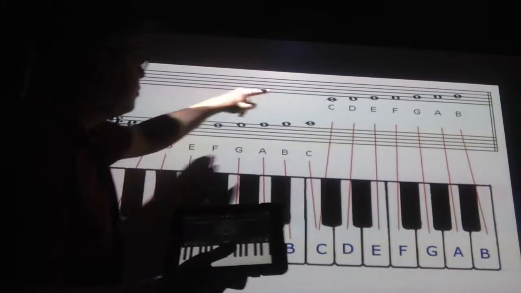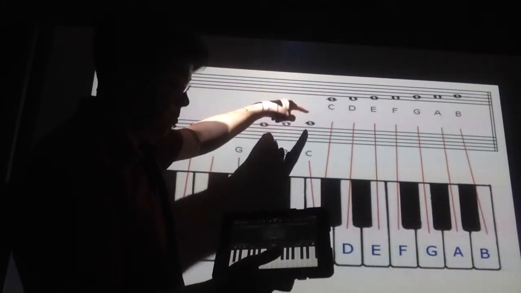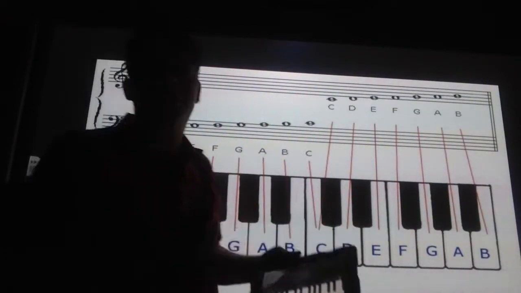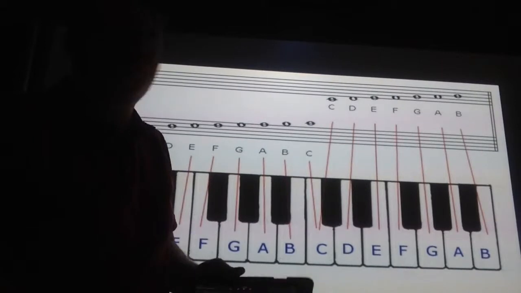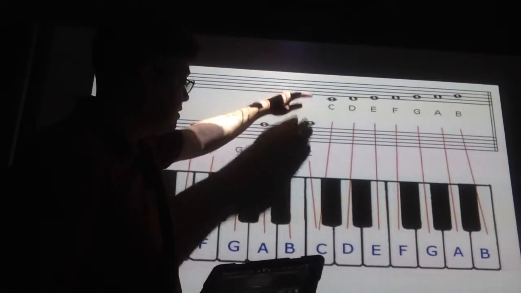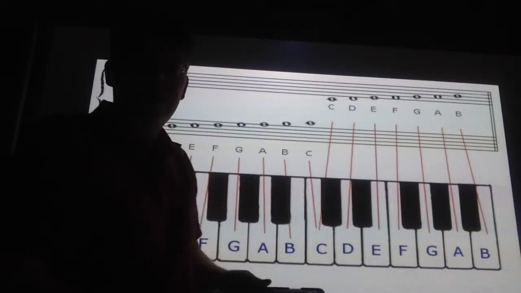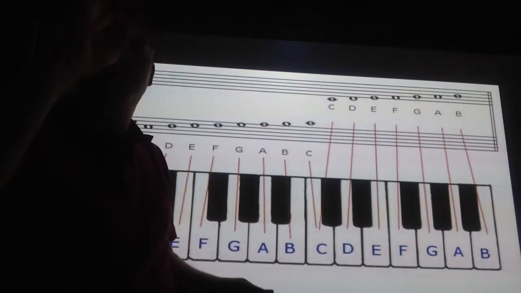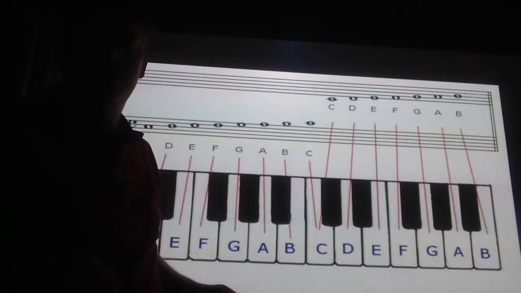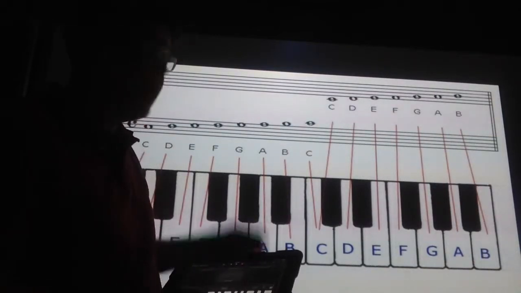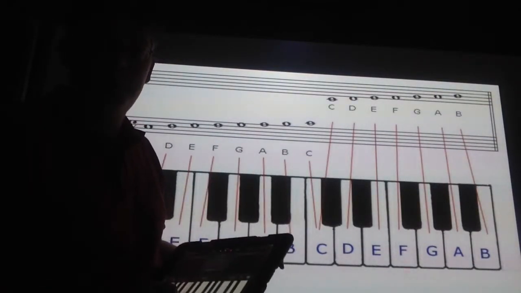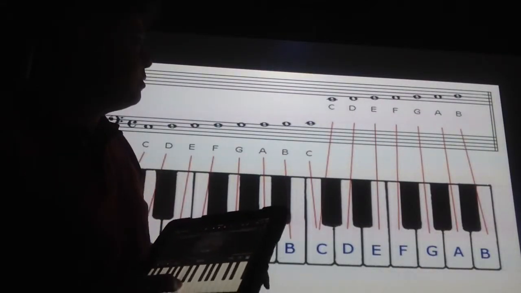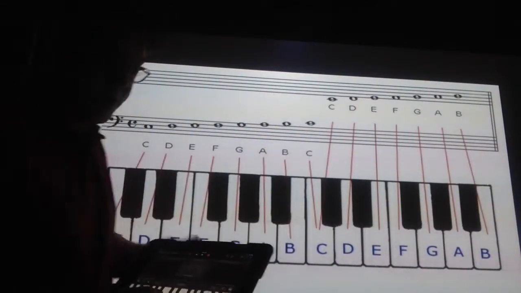If you see both of them, you'll only have one space. That's the C note. And incidentally, the C note on the guitar that corresponds to middle C on the piano is the 5th string, which is your A string, and the 3rd fret. So if you push the 3rd fret on the 5th string, you'll get the same C note that is called middle C on the piano.